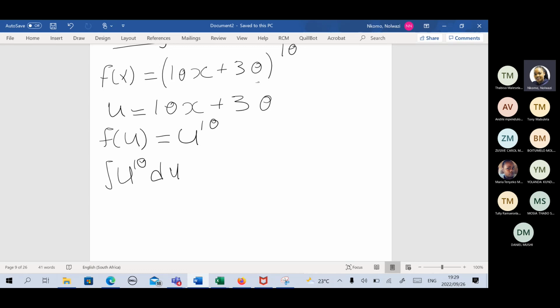It would be easy for us to use the power rule for integration. And if we use the power rule for integration here, you get u to the power 11 over 11 plus 10, right? Because you add 1, then you divide with the new power.